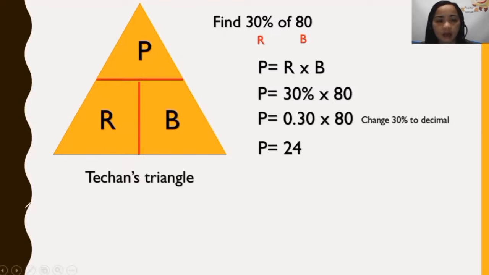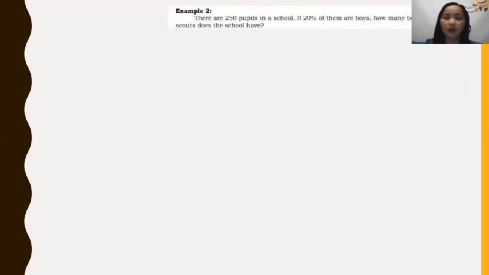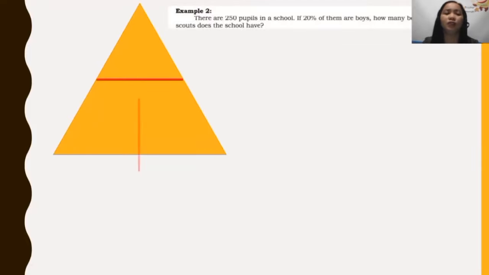Now let's have another example. So we have here a problem. There are 250 pupils in a school. If 20% of them are boys, how many Boy Scouts does the school have? Let us use again the Tekens triangle. Sabi, meron daw ang bilang daw ng bata sa isang school ay 250.